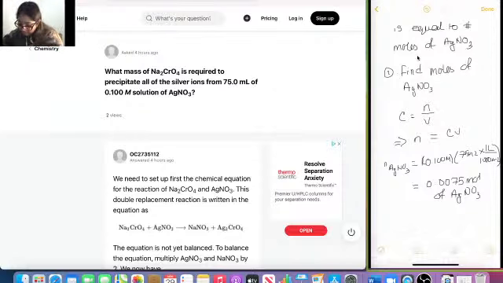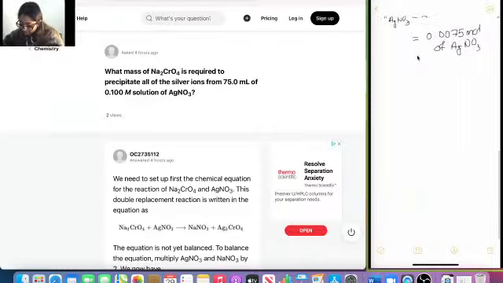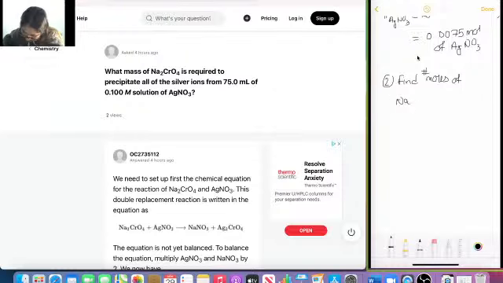Okay, so this is the number of moles of silver nitrate. And now the second step is to find the number of moles of Na2CrO4.